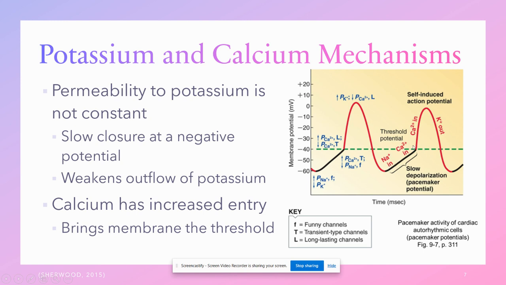Once that threshold is reached, the transient calcium channels close. The action potential is going to fire. Calcium is going to come out. That's what I was talking about earlier. Potassium is going to come out until we reach the negative, and then we're back over here with sodium and calcium flooding in. And this is going to occur over and over and over again because remember that the heart can never stop beating.